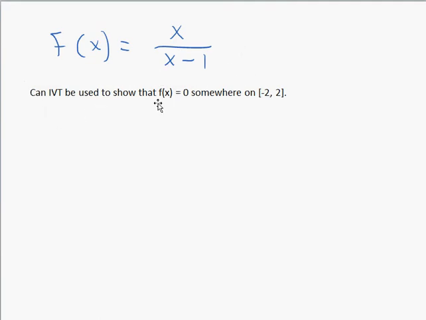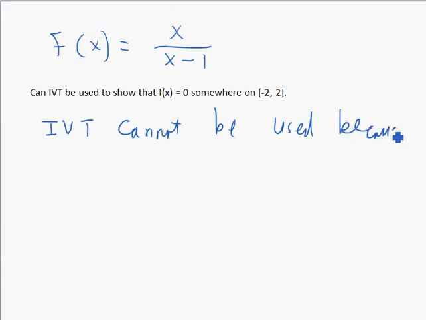All right, let's get this clear. IVT cannot be used because f of x is not continuous at x equals 1, and 1 is on the interval we're interested in, and 1 is between -2 and 2.